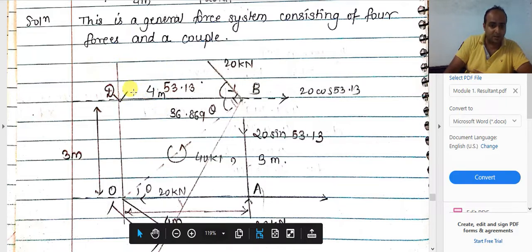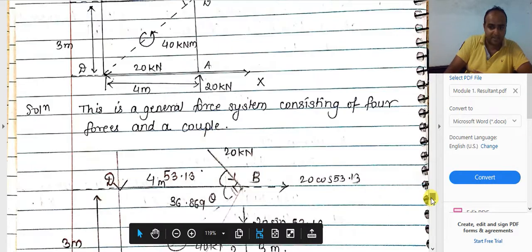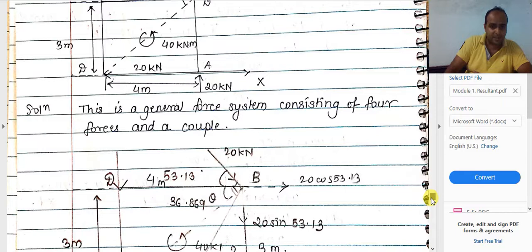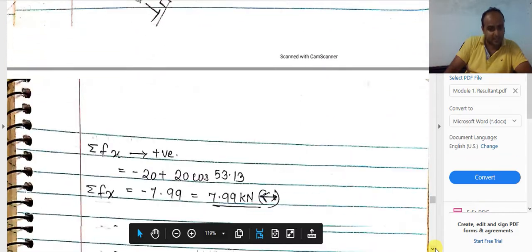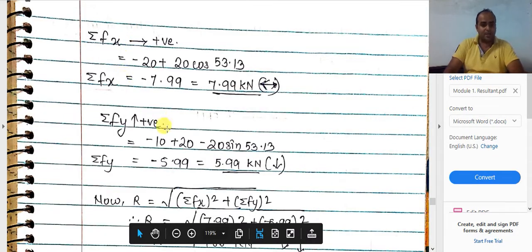Apart from this, the third force is missing over here, but in the question's diagram you can see a force of 10 kilonewton acting vertically downward, so it will be minus 10. So it is minus 10 plus 20 minus 20 sine of 53.13. So summation Fy will be minus 5.99, that is 5.99 kilonewton acting in vertically downward direction.